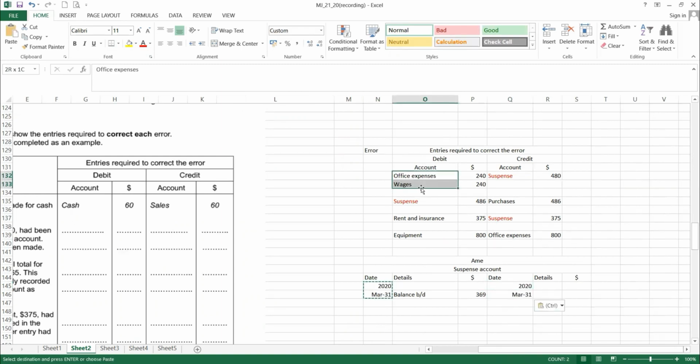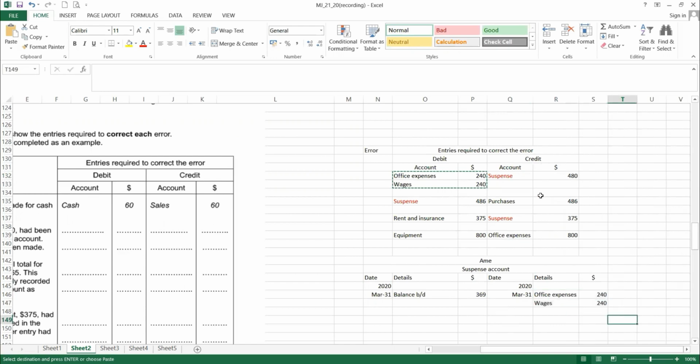These two amounts will be in the credits because double entry concept. So here credit, put into the credit, but the detail, we write the opposite account. Same thing here, suspense is in the debit. Maybe we have to record in the debit here. And the detail, we take this one, opposite account, 486.